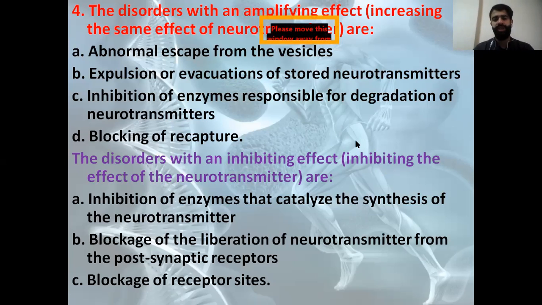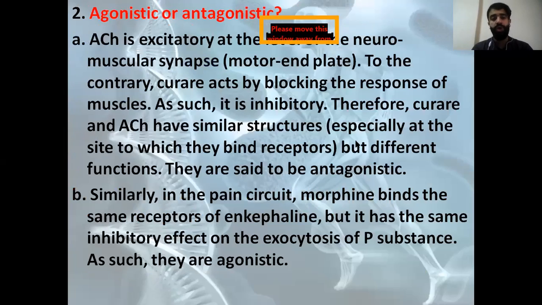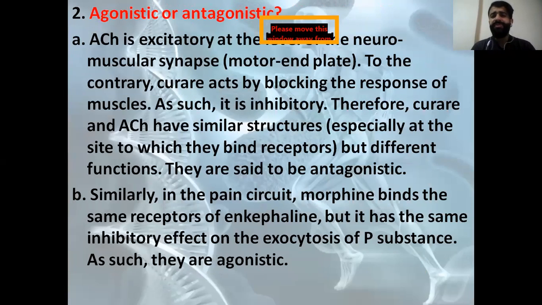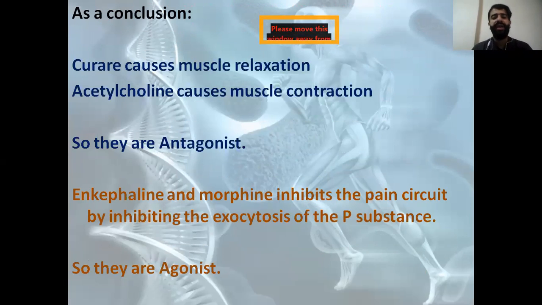So as a conclusion, in this document, what do you have to know? You have to know what an agonist and an antagonist are. You have to know that acetylcholine and curare have opposite functions. They are antagonists. We said that curare causes the relaxation of the muscle, while acetylcholine causes the contraction of the muscle. Also, we talked about enkephalin and morphine.